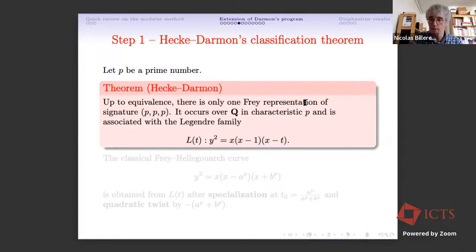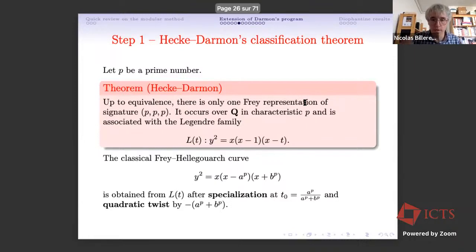It's a family of elliptic curves over Q(t), given by the equation y squared equals x(x minus 1)(x minus t). And since I've been talking about signatures for the Fermat equation and signatures for Frey representations, you might wonder whether there is a link between the two, and of course there is some.